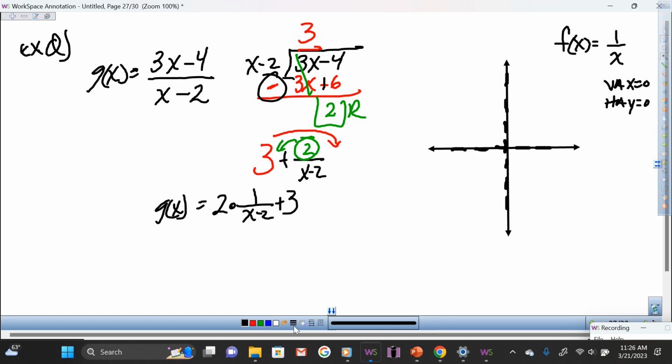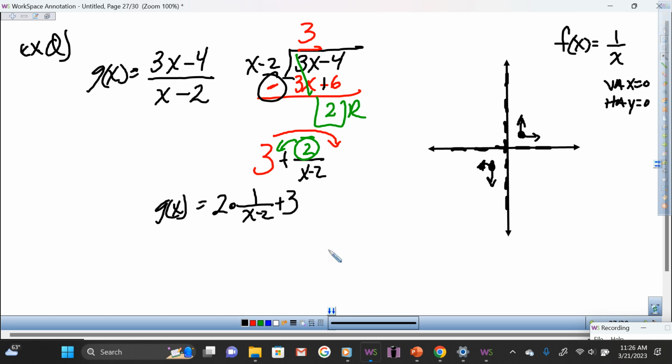Joel, what do I need to graph for the parent function? 1, 1. -1, -1. That is correct. All right, there's our parent function.